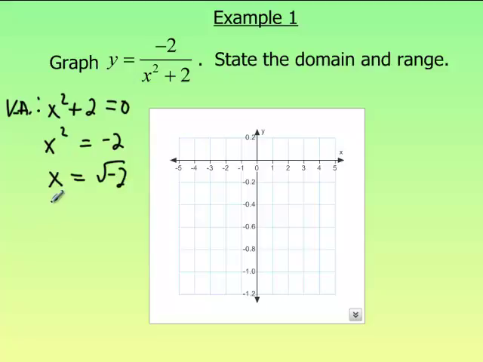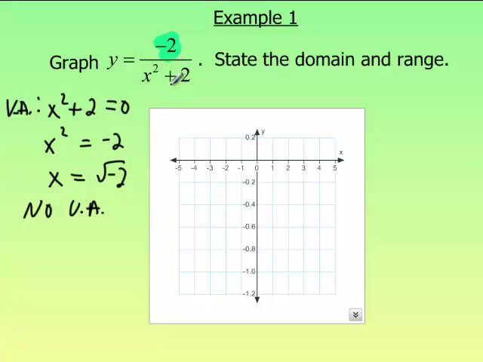Now, we're left with an imaginary number here, so therefore there are going to be no vertical asymptotes to graph, so I'm not going to worry about that. And looking at the numerator, which is -2, we can't have any zeros there, so therefore there are not going to be any x-intercepts.